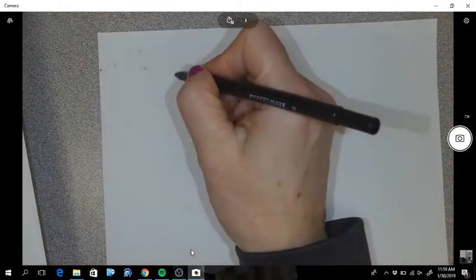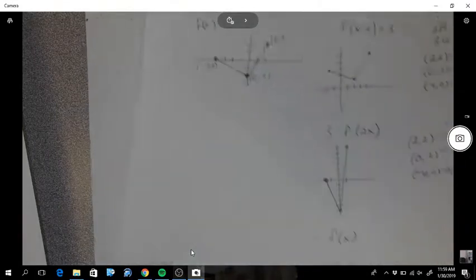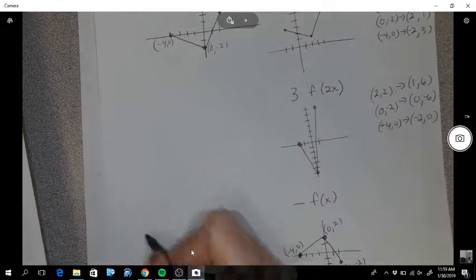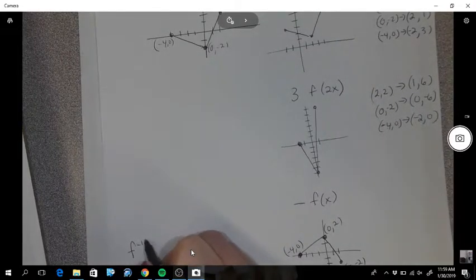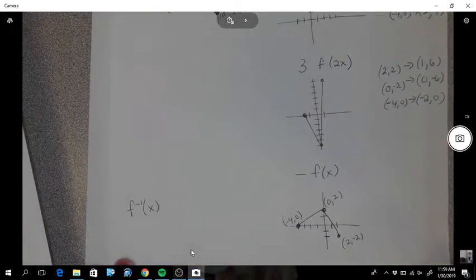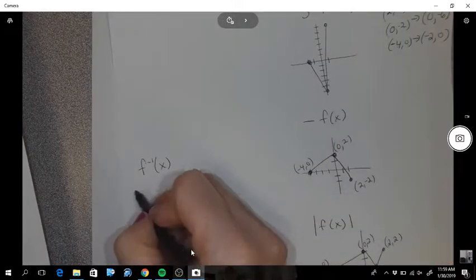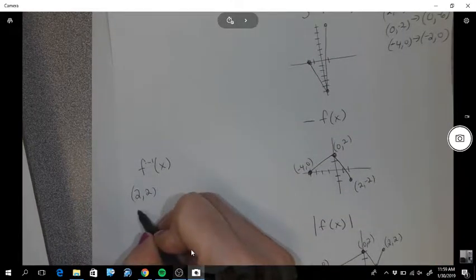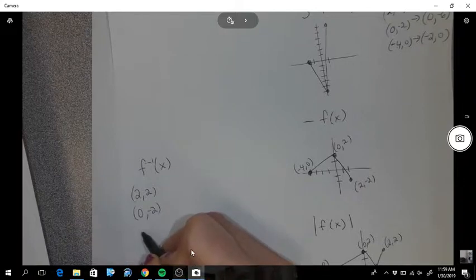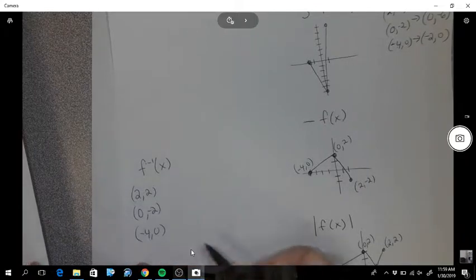Okay, can we do the inverse of that one? Let's take our original points, (2, 2), (0, -2), and (-4, 0).